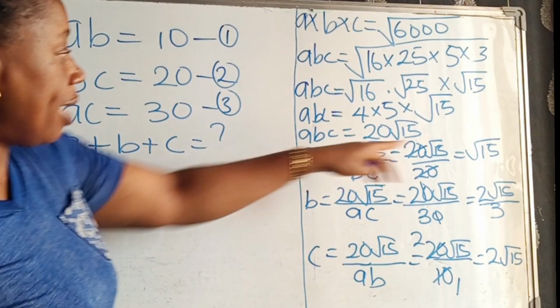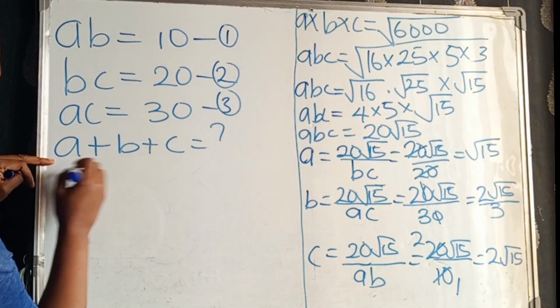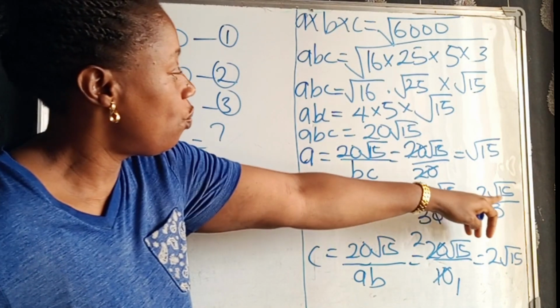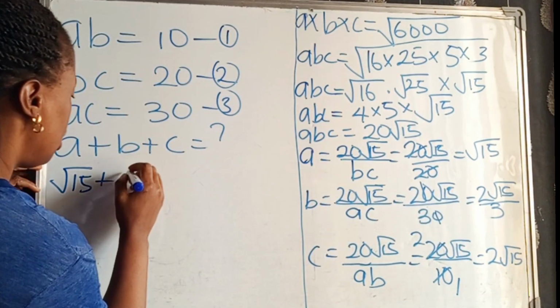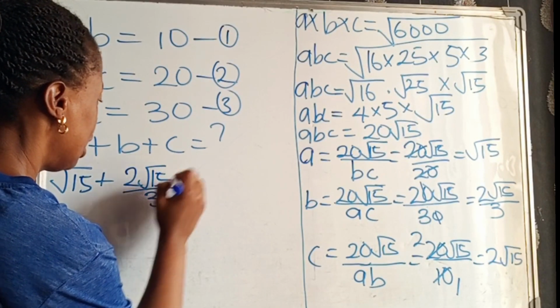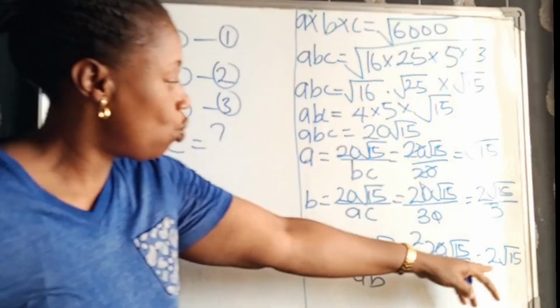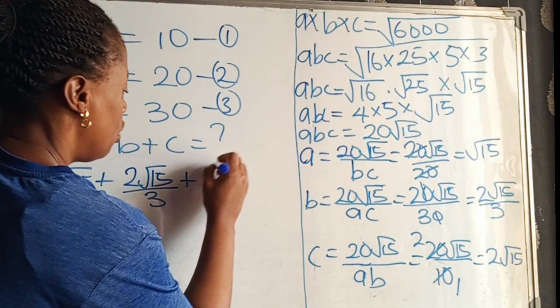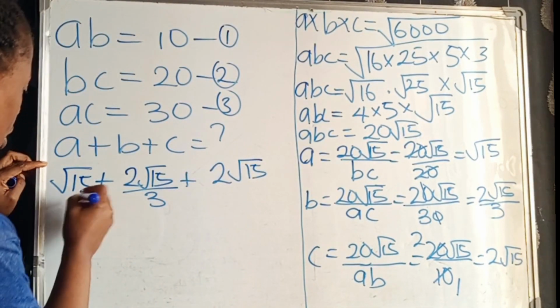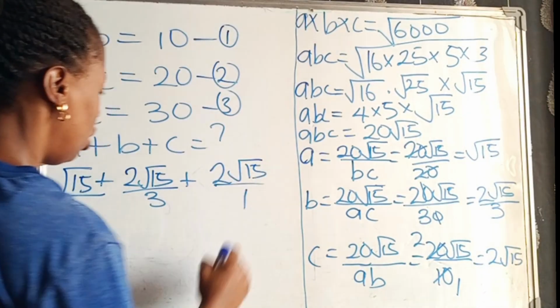A is root 15. B is 2 root 15 over 3. And C is 2 root 15. So now, let's put them over 1.